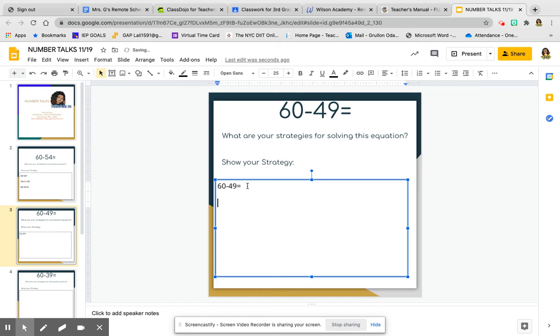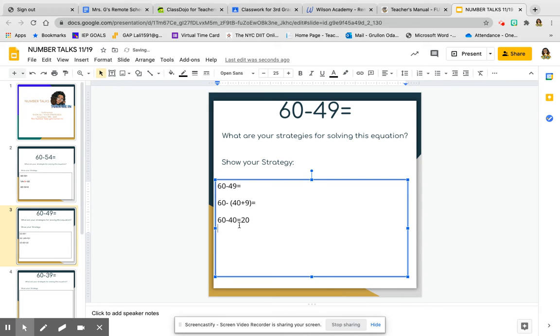And I know in order to get 49, that is going to be 60 minus, and since I'm going to be breaking 49 apart, I'm going to put it in parentheses. So 40 minus 9, or 40 plus 9, sorry, I had subtraction on the brain today. And the first part of this equation that I'm going to subtract is the 40 that we see right there, you see it? So 60 minus 40 equals 20.